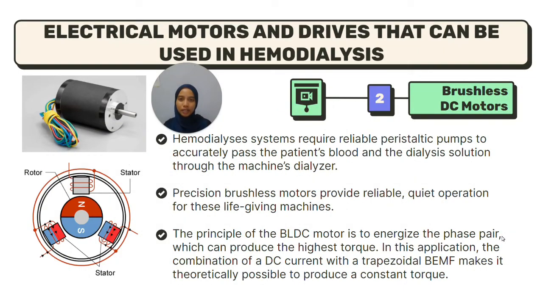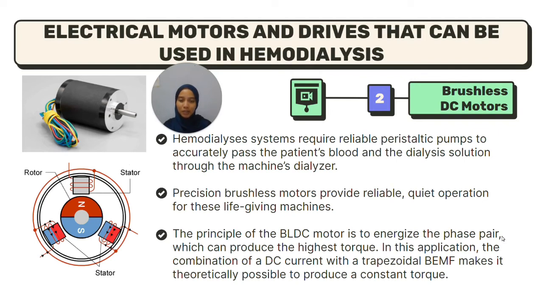Next, the electrical motor and drive that can be used in hemodialysis is the brushless DC motor. A hemodialysis system requires reliable peristaltic pumps to accurately pass the patient's blood and the dialysis solution through the machine's dialyzer. Precision brushless motors provide reliable, quiet operation for these life-giving machines.